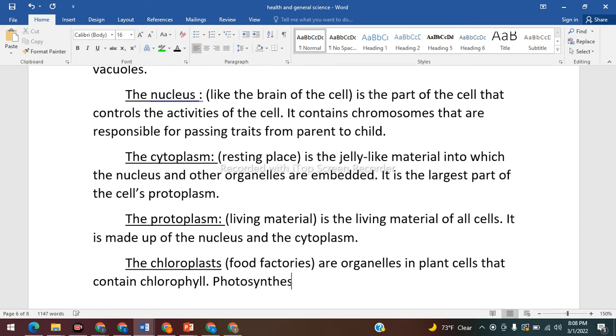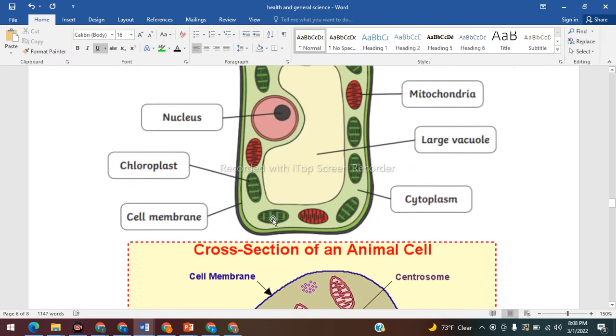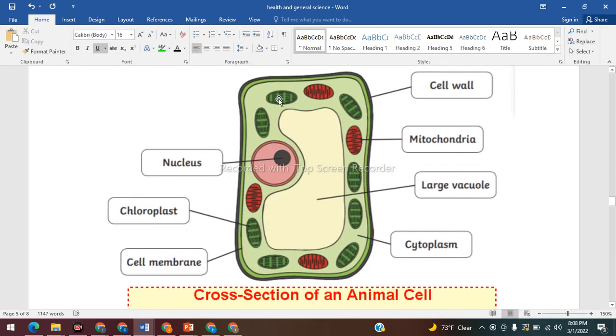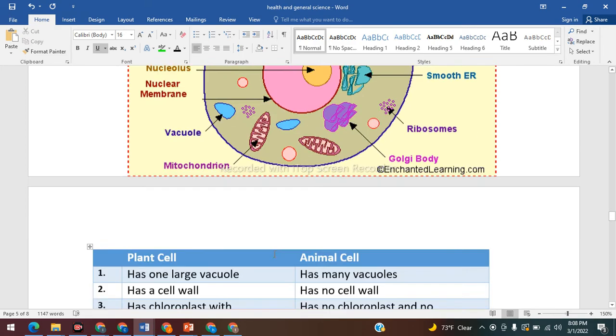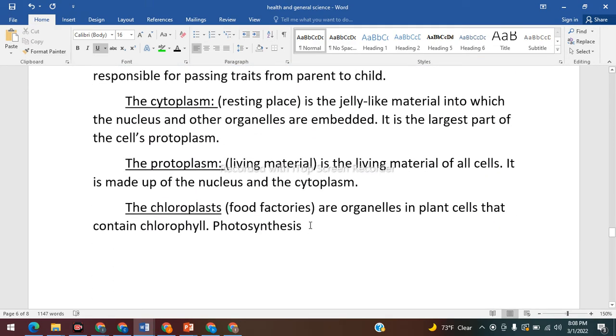In the chloroplasts. Okay? In these same little green looking things. Right? That's where photosynthesis happens in the plant. So photosynthesis takes place here in the chloroplast.